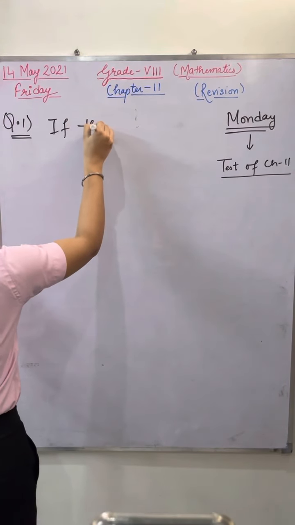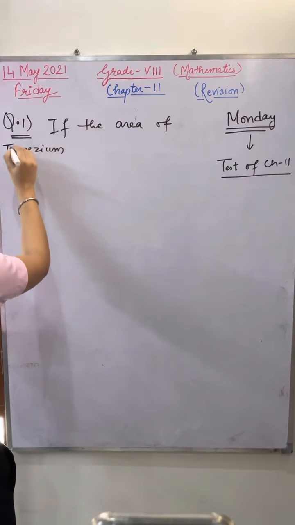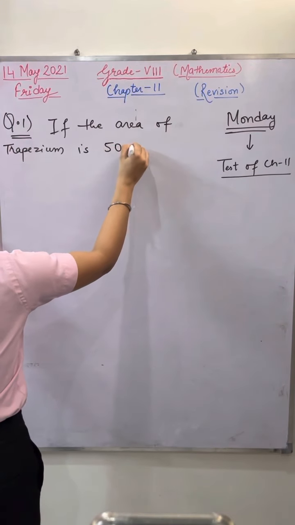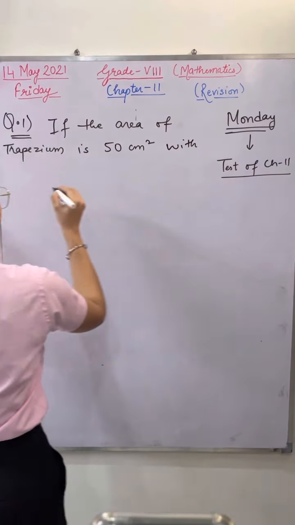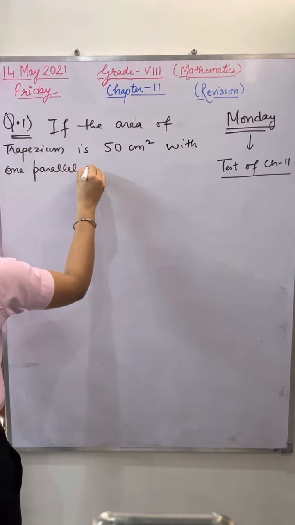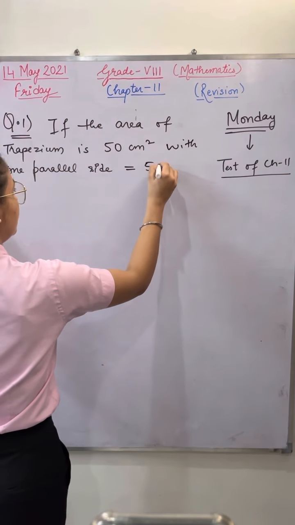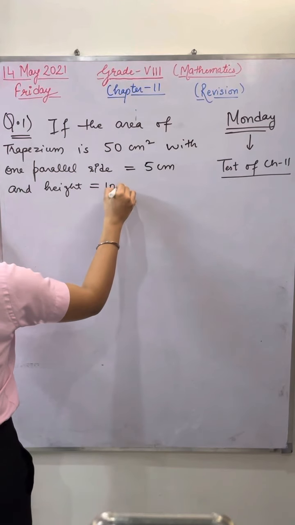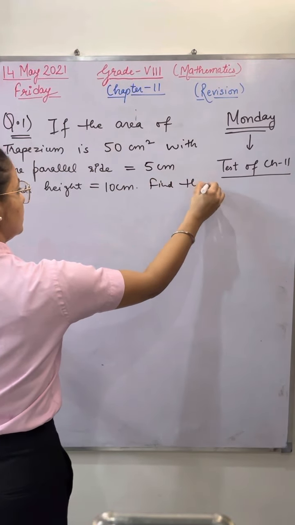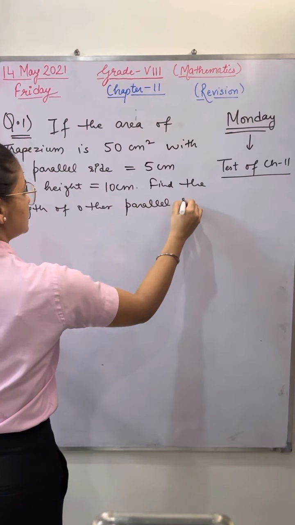If the area of a trapezium is 50 centimeter square, and one parallel side is equal to 5 centimeter and height is equal to 10 centimeter, find the length of the other parallel side.